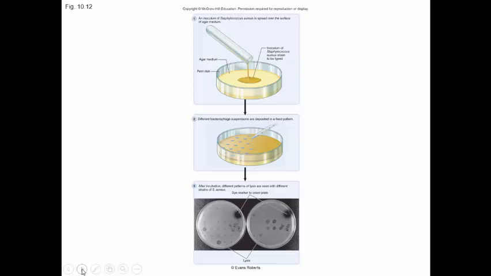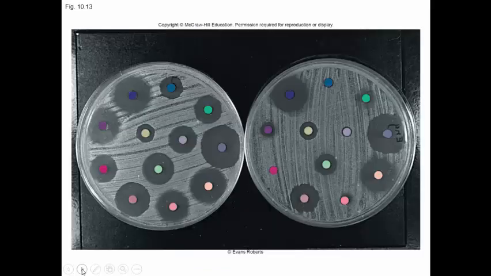And so you'll get these patches where certain types of phages correspond with the bacteria. That's a way to identify this. Now, unfortunately, the use of this technique has been mostly replaced by genetic methods, but it was a very useful method at the time. And then, of course, we've got the antibiograms.